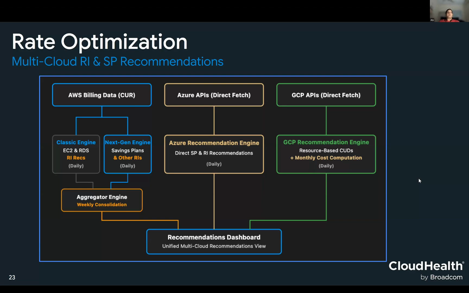While Azure and GCP recommendations feed directly into the UI through GraphQL APIs, the AWS Classic and Next-Gen recommendations flow into an aggregator engine that runs on a weekly basis for consolidation. So this ensures that AWS recommendations are perfectly aggregated before being served. The final output is a unified multi-cloud recommendation dashboard.